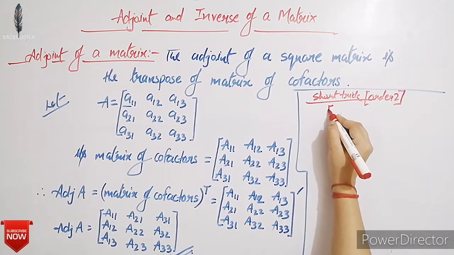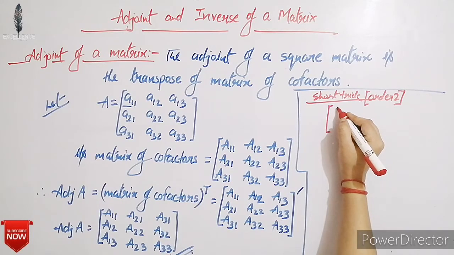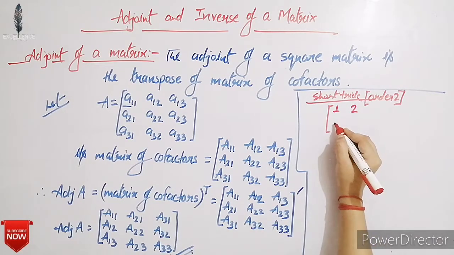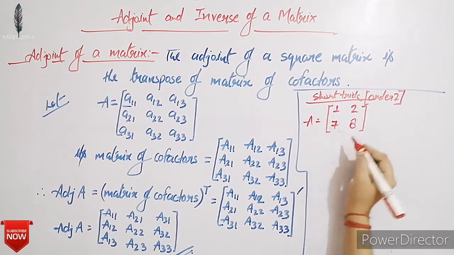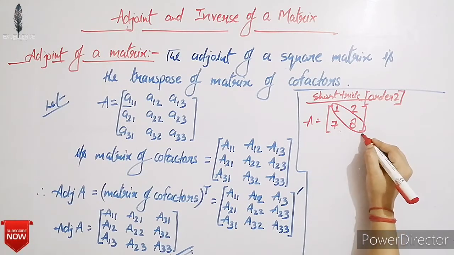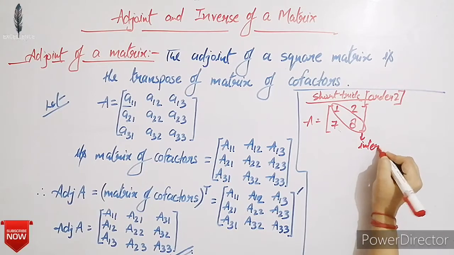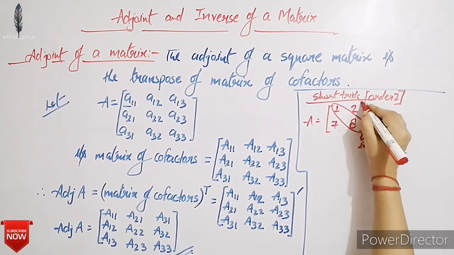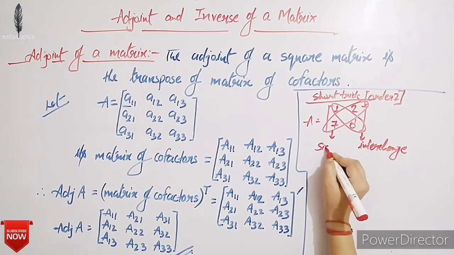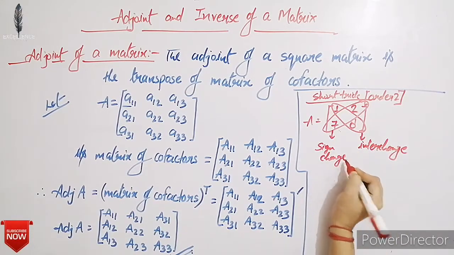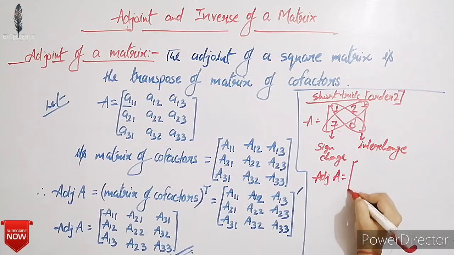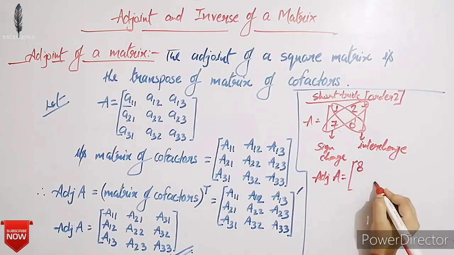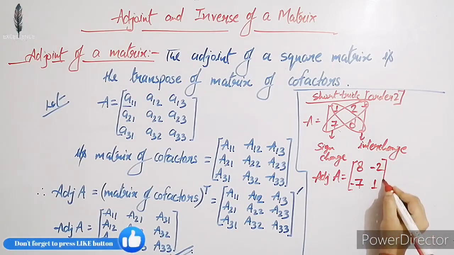If we have a matrix of order 2, 1, 2, 7, 8, let it be A. According to this trick, you have to interchange these elements, and for these elements only the sign changes. So adjoint of A is equal to, here we have to interchange 1 and 8, so here 8, 1, and here only the sign changes, so here -2 and -7.